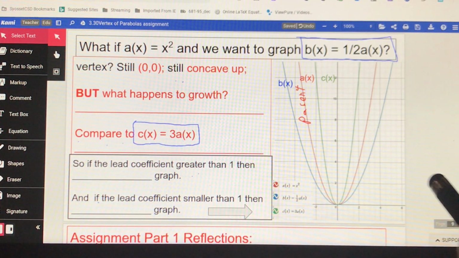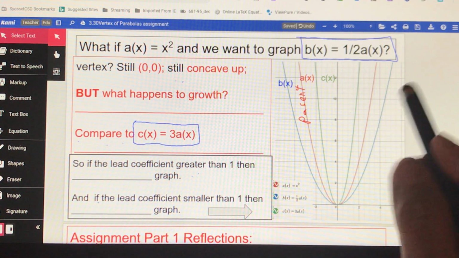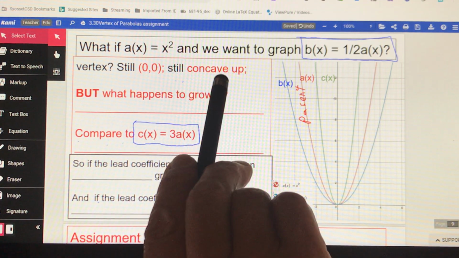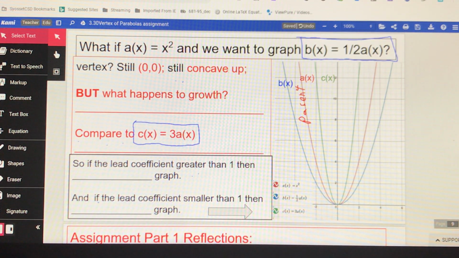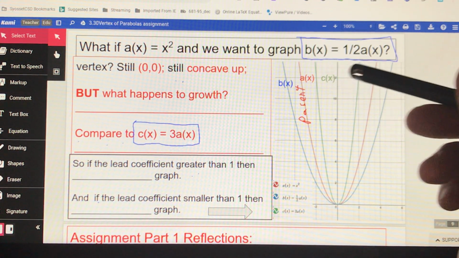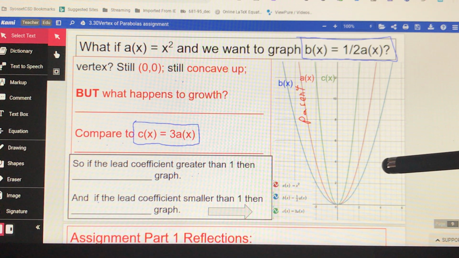So let's take a parent function. Let's call it a of x equals x squared. And if a of x equals x squared, remember, vertex still 0, 0, still concave up, lead coefficient is positive. What happens if we make b of x half of a of x? Well, when we made the function twice the parent function, it narrowed.